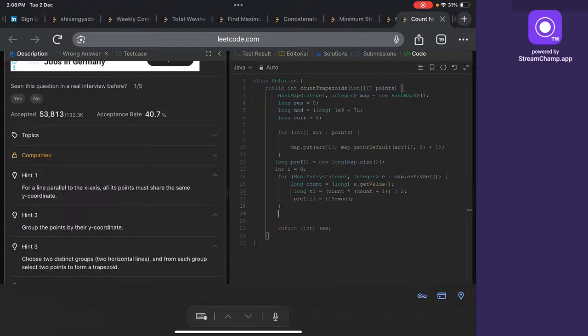Now constructing the prefix array where int I. Prefix of I plus equal to prefix of I minus 1. Do I need to? Okay, I can make, sorry, no, long current.